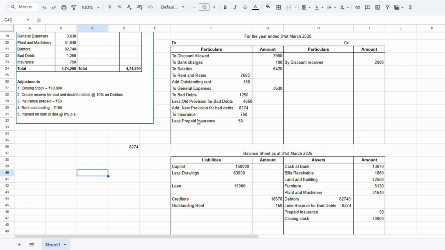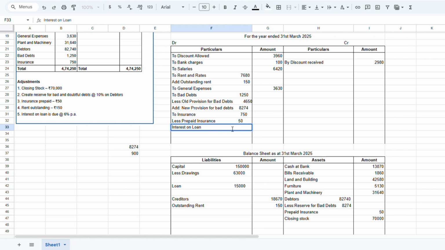Next, interest on loan due at 6% per annum. We already have loan here. We have to pay the interest on loan, so it is an expense for the business. First, we will add because we need to pay. So we'll add interest on loan outstanding. Loan is 15,000. We need to pay 6%, that is 900.